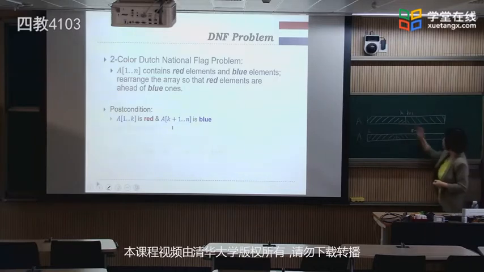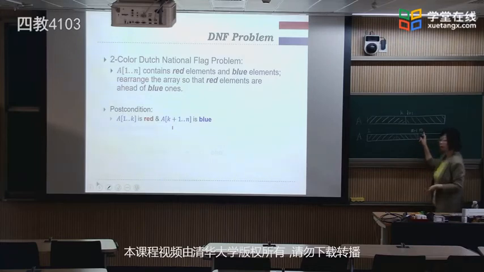Can this become the precondition easily? Yes, it can. Can this be maintained easily? If I'm dealing with the element A sub m, and the assumption I have is red elements are ahead of blue elements, so this is very similar to the loop invariant we analyzed for the insertion sort. And then like the insertion sort, we have to find the correct position for this element.